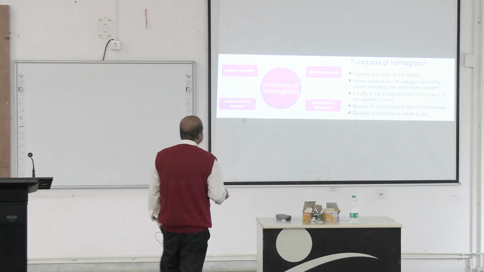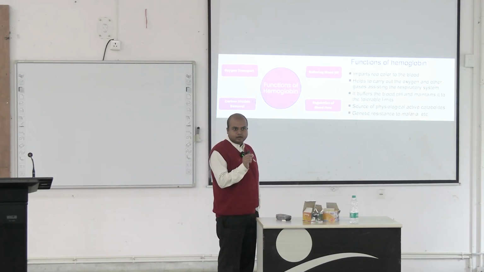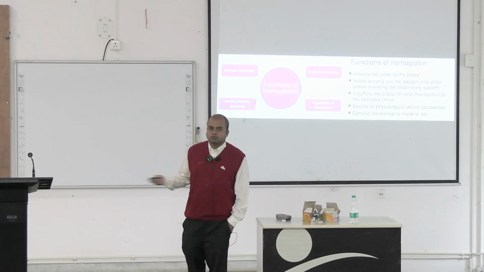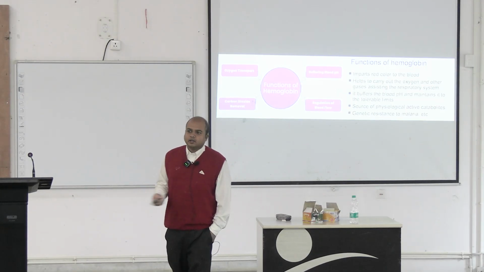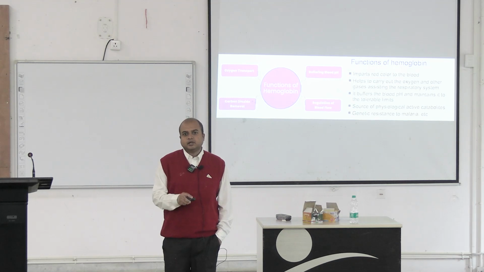So, buffers blood pH. Blood pH is something which is to be maintained within a very narrow limit. We will learn about the levels in biochemistry, and you will require it all throughout your life as a practicing medical professional. Say sodium levels, 135 to 145 millimole per liter.